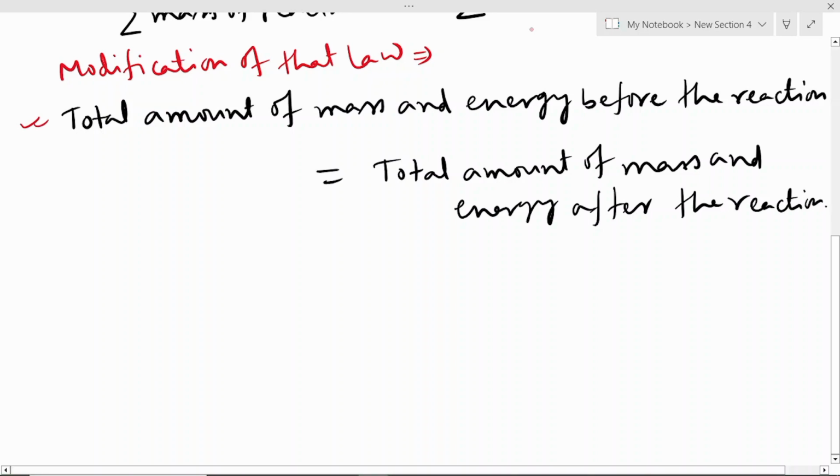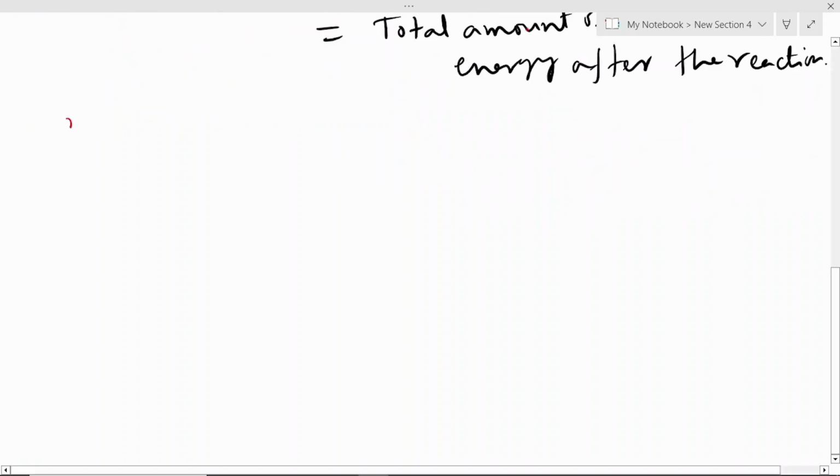Now the second law is the law of definite proportion.